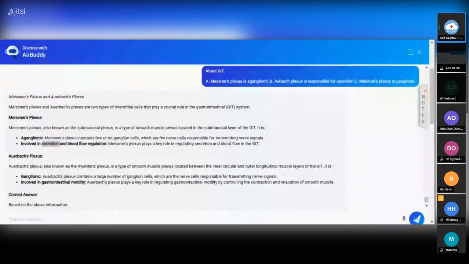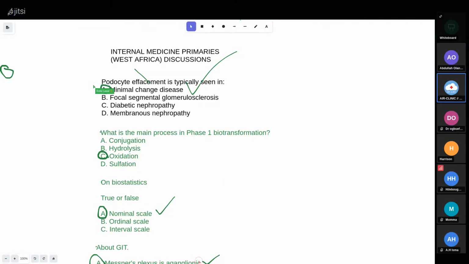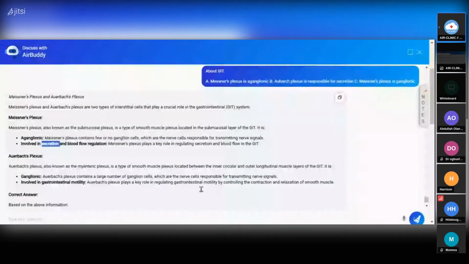Option C, facial and trigeminal nerve. Okay, so for those who are not even sure what the corneal reflex is, come to everybody.